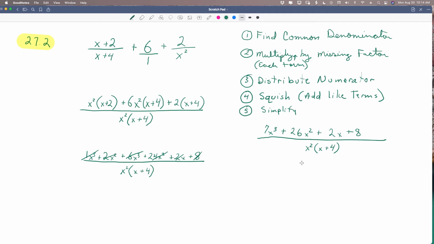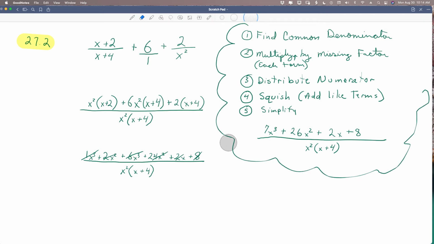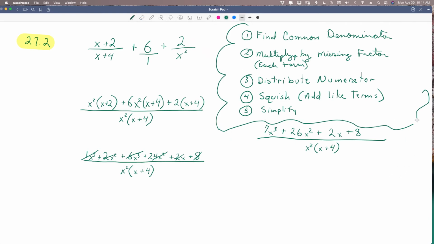All right, so let's move on to 27.3. This is our last example problem. Do write down all of these steps in your notebook. Well, not this right here, but this right here. These are the steps for any time that we have adding terms or adding fractions together.